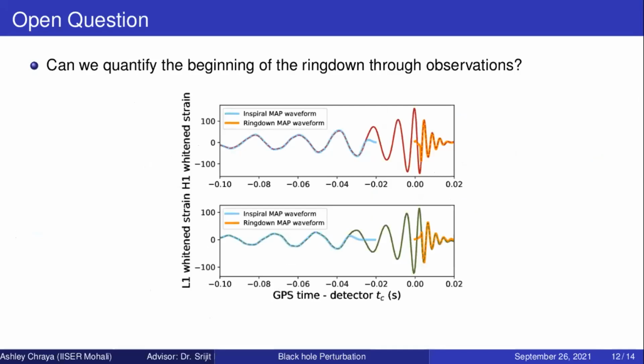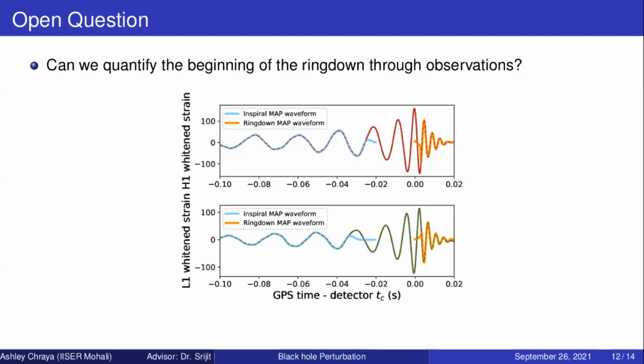After the merger, at what time is the black hole in its linear stage, that is, at what time can we apply our linear perturbation theory? We don't know that.